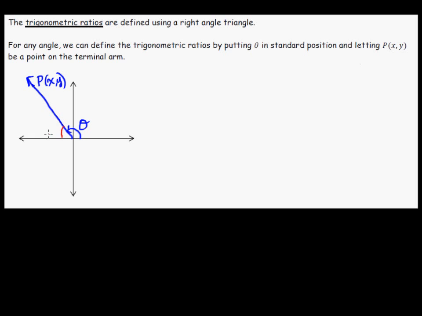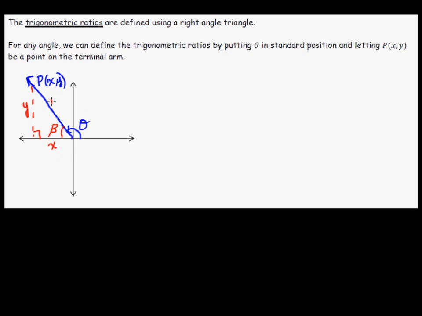That also means that this would be our acute angle, beta. Trigonometric ratios are defined using a right-angled triangle, so I'm going to drop in a vertical line here in order to make a right-angled triangle with the x-axis. Now, because this point P is x comma y, I know that the base of the triangle is x units and the height of the triangle is y units.